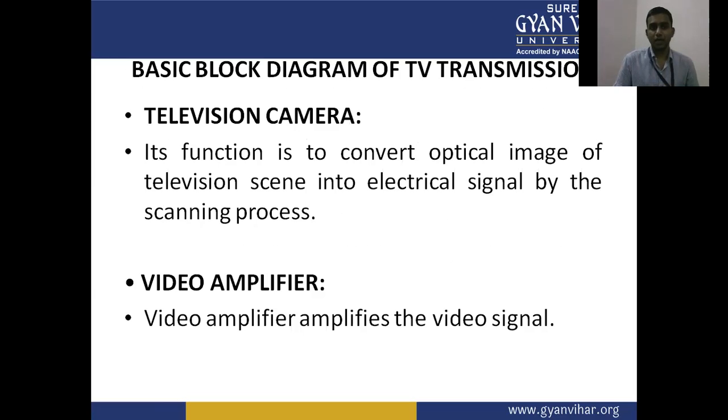The television camera. Its function is to convert the optical image of the television scene into an electrical signal by the scanning process. The video amplifier is to amplify the level of the video signal.